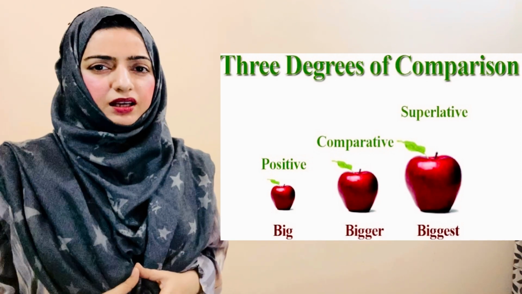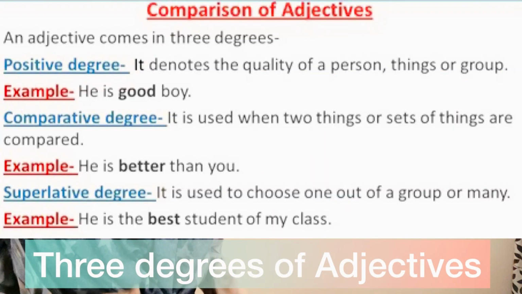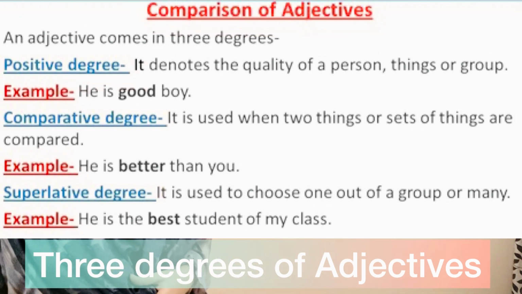For example, this soup is better than salad, or I am funnier than her. A superlative adjective is used to compare 3 or more things or to state that something is the most. For example, this is the best soup in the whole world. Or I am the funniest out of all the other bloggers.